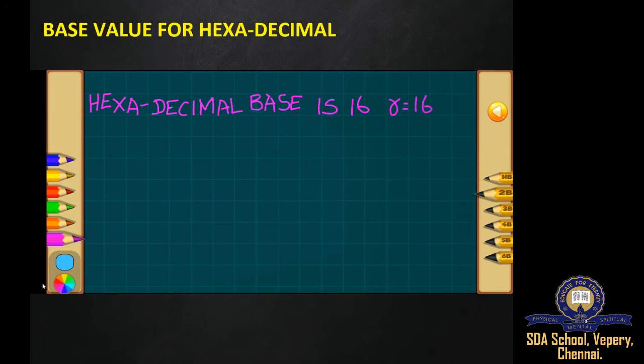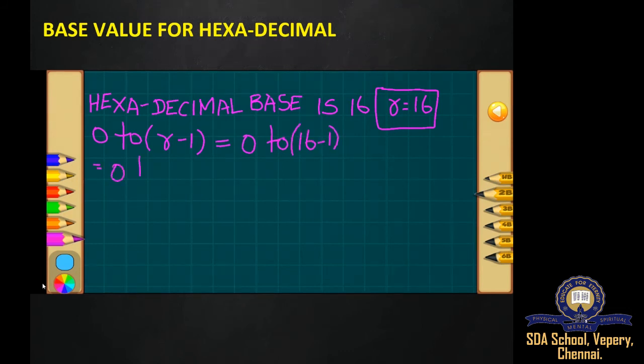So R equal to 16. What is the formula? 0 to R minus 1. So 0 to 16 minus 1, we get 0 to 15. So totally 16 digits, that is from 0 to 15.